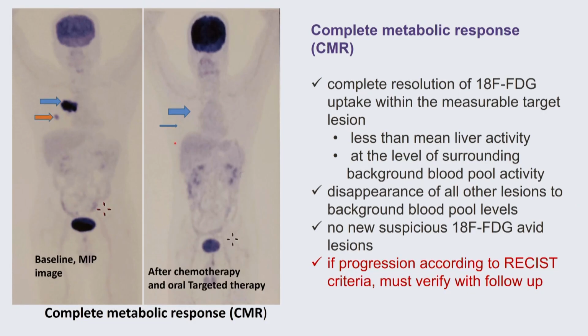It is the baseline scan and it is after therapy, and it indicates complete resolution of FDG uptake within the measurable target lesion, disappearance of all other lesions to the background blood pool level, and no new suspicious lesion. But if progression according to RECIST criteria, it must be verified with a follow-up scan.